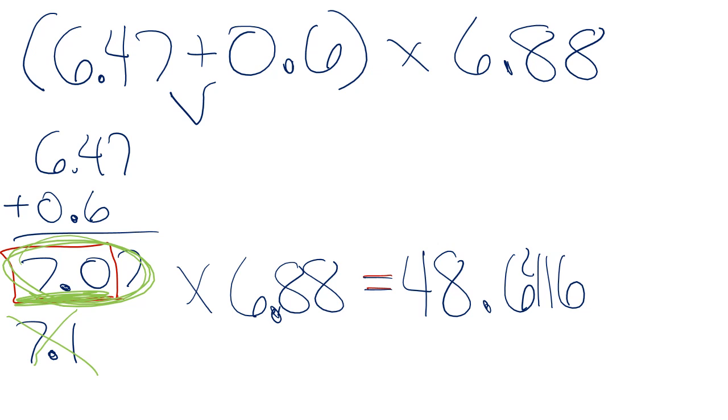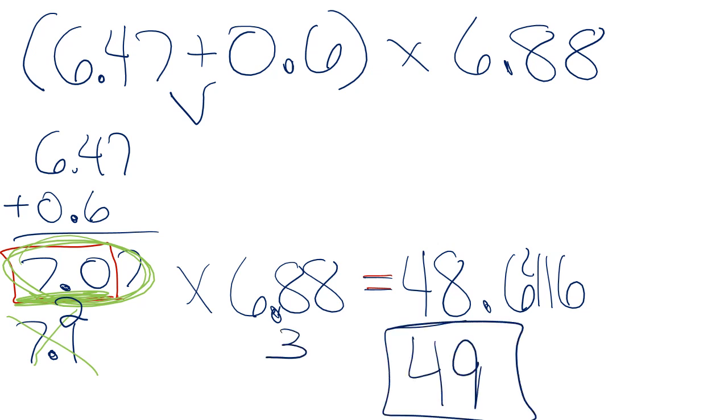When multiplying, your final answer will be the least amount of sig figs of the numbers you've multiplied. So this is 2, and this is 3. Therefore, the final answer would be 49.